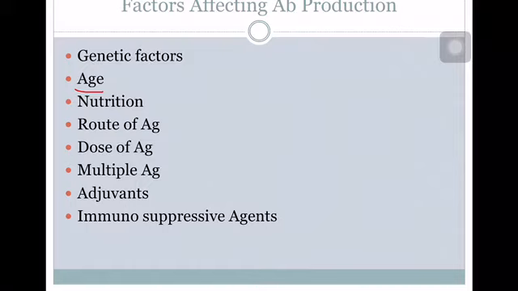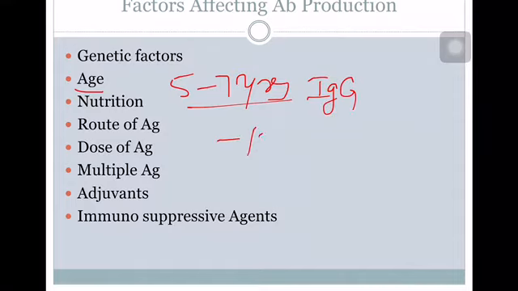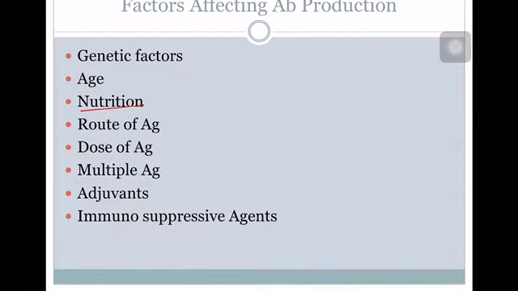But the infant has to depend upon maternal antibodies from 3 to 6 months of age. Full immunocompetence is gained by an individual by about 5 to 7 years for IgG and 10 to 15 years for IgA. The third factor is nutrition.